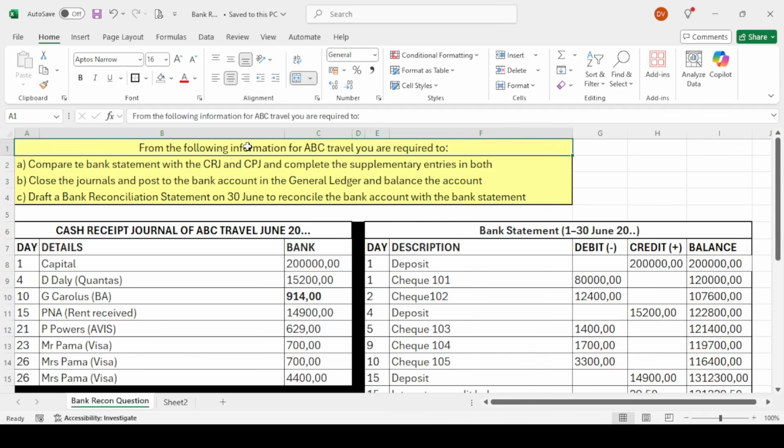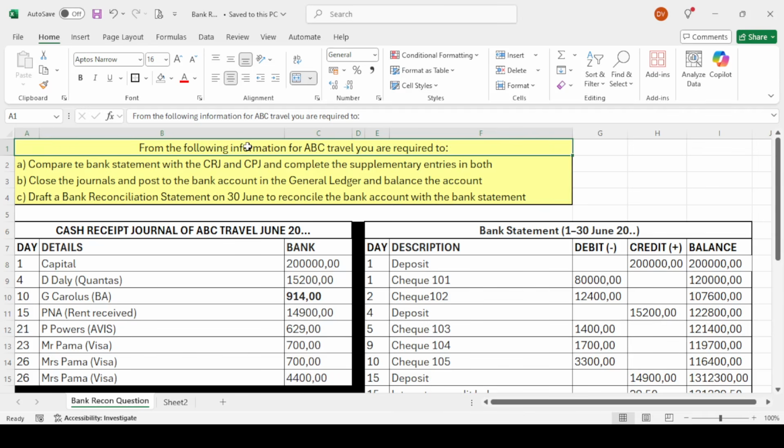All right, so the purpose of drawing up a monthly bank recon is to reconcile any differences between the cash receipt journal and the cash payment journal with the bank statement. So remember, in your company, you've done your CRJ and your CPJ, but you receive the bank statement from the bank.